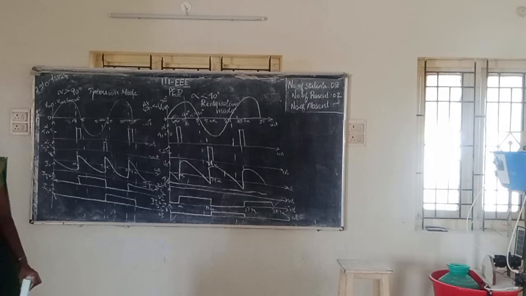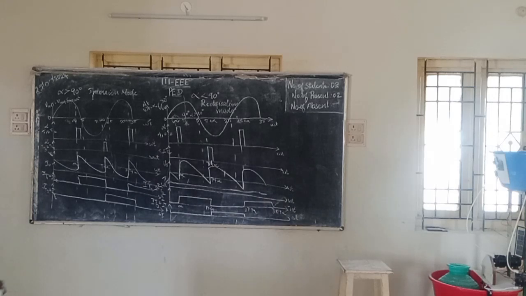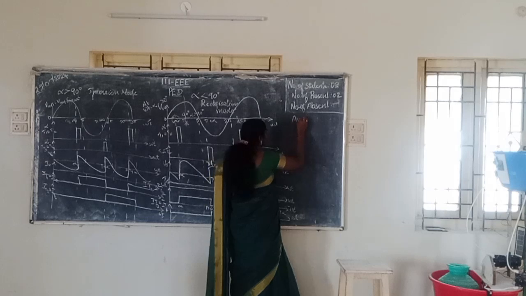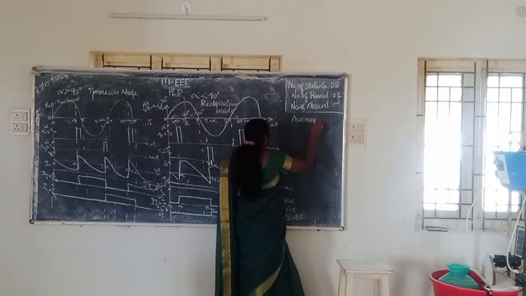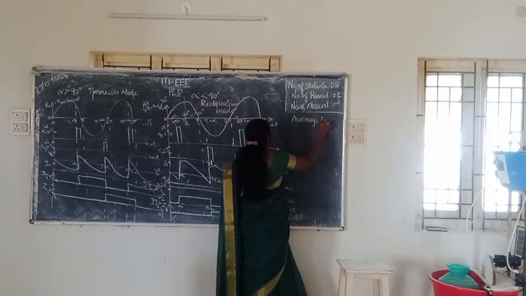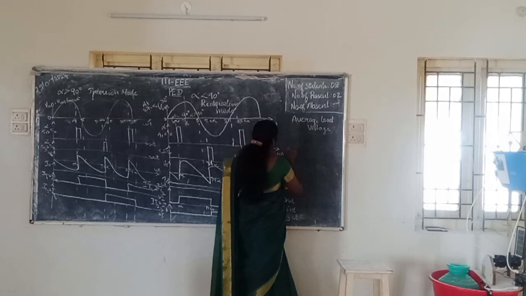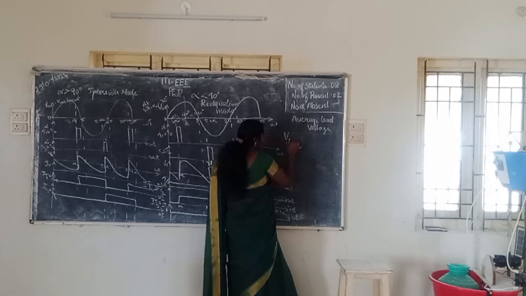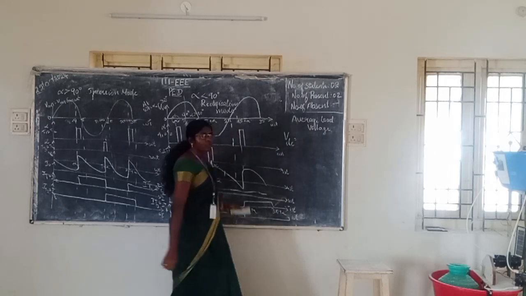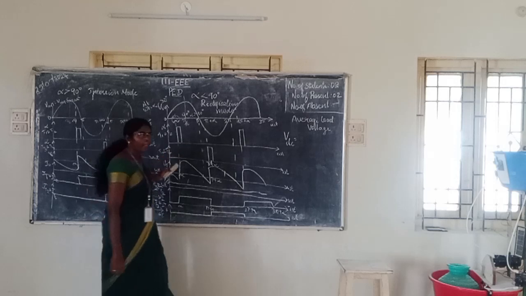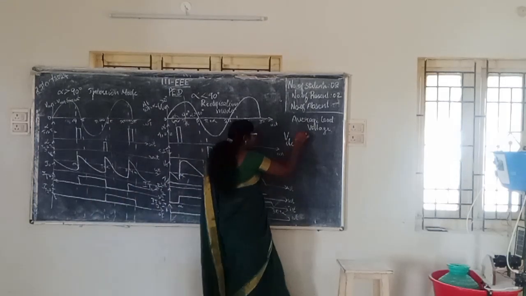So today the derivation is small, it is not bigger. Now what will we be calculating? Average load voltage, or you can say average DC voltage, that is V DC. For a fully controlled rectifier, what cycle are we considering? 0 to pi, right?